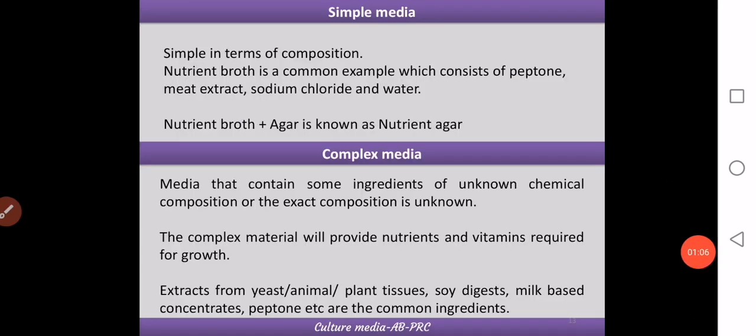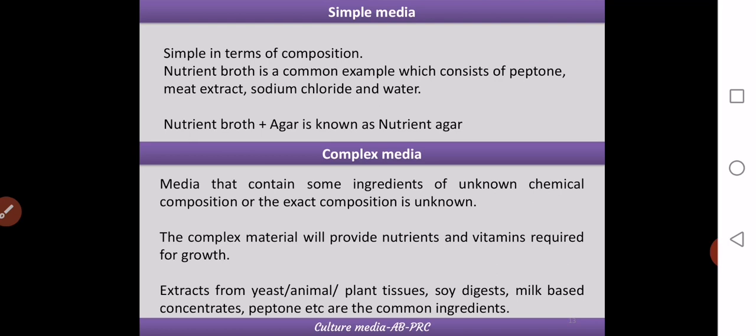So based on composition or ingredients of the media, we have simple media, complex media, and chemically defined media. So simple media is simple in terms of composition. Sometimes we use nutrient broth and nutrient agar. We consider them as simple media as they consist of limited components as the nutrients, right?